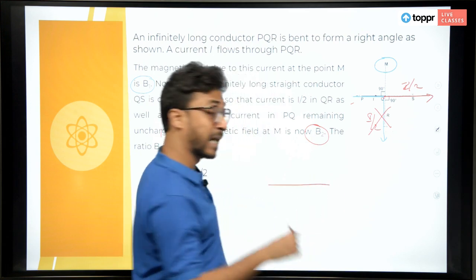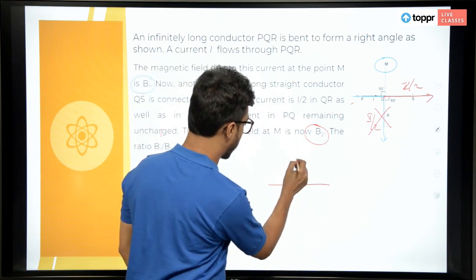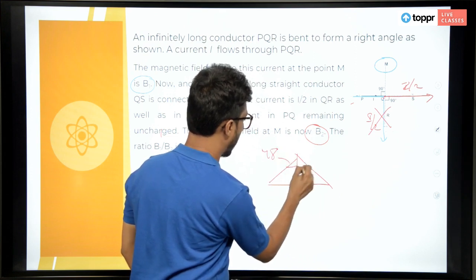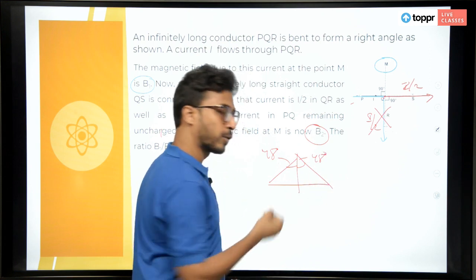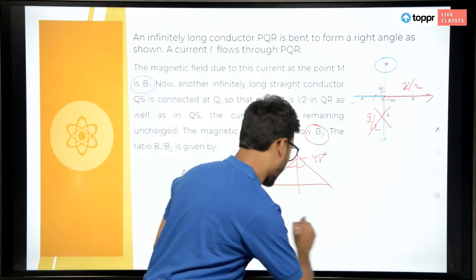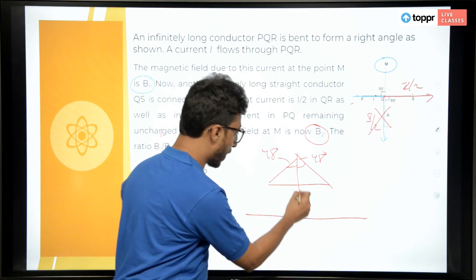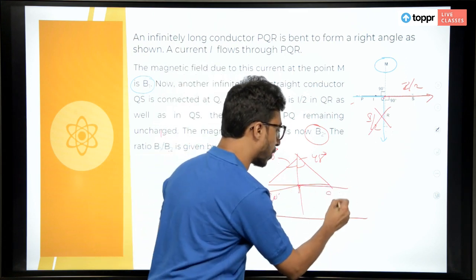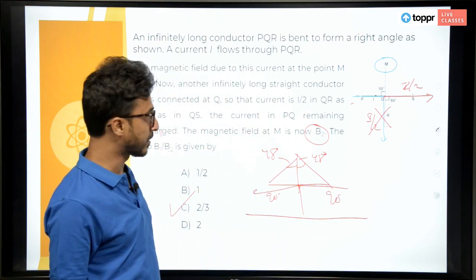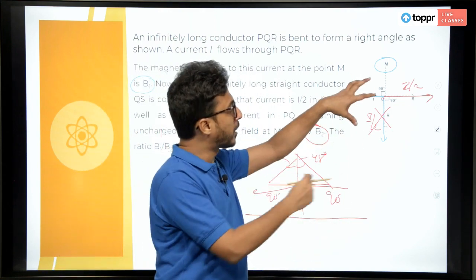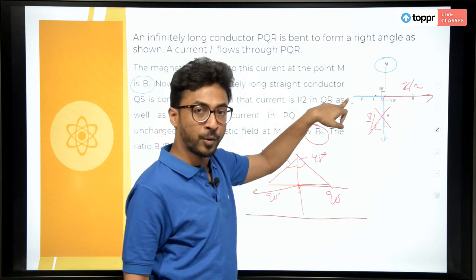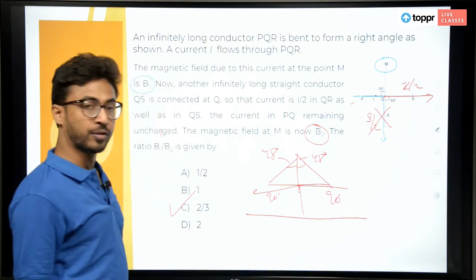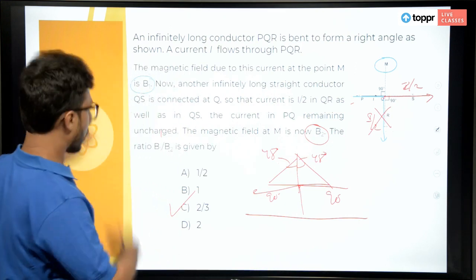Like if for any other problem, the angles were something like this, like this is 45 and this is also 45, then also you can find out. For an infinitely long coil, this angle is 90, this angle is also 90. You know all these things, right? So the way we have found, the magnetic field is dependent on the current that is flowing, and then we have got the ratio. Thank you. We are going into the next problem.